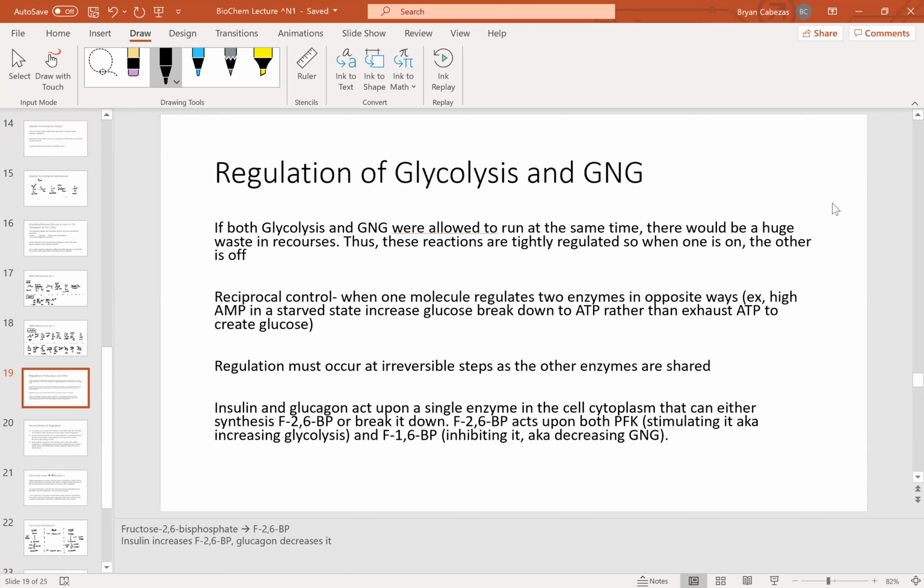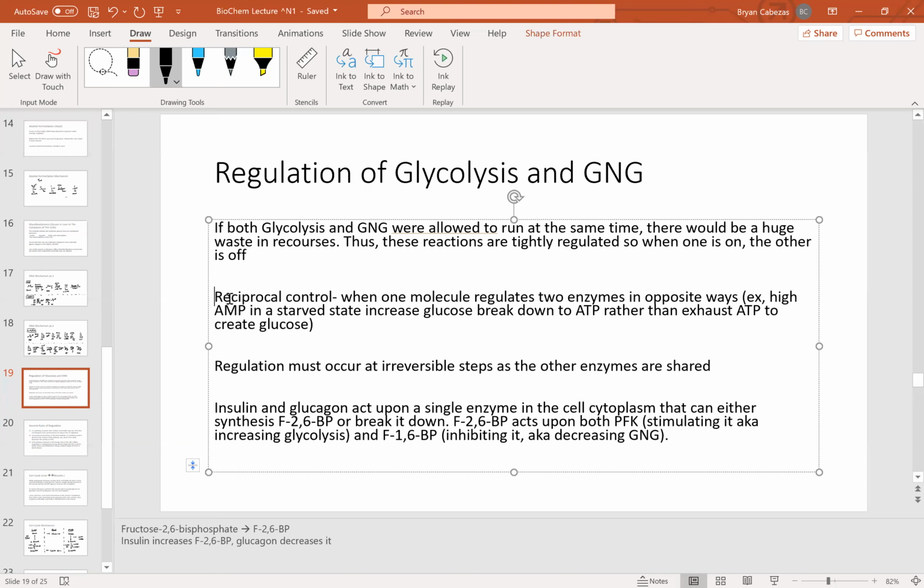That's sort of odd, and for that reason, they're regulated by similar processes. So if something is going to inhibit glycolysis, then that same process is going to activate gluconeogenesis, and vice versa, right? If something is going to activate glycolysis, that same process is going to inhibit gluconeogenesis.